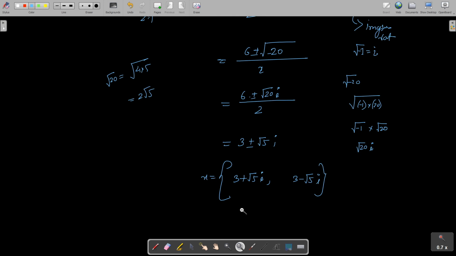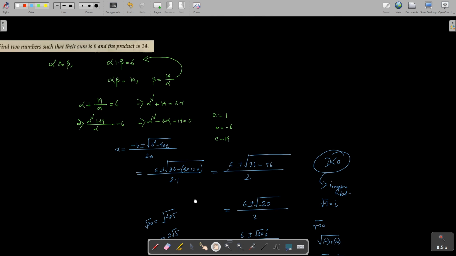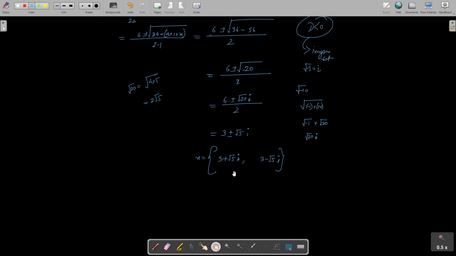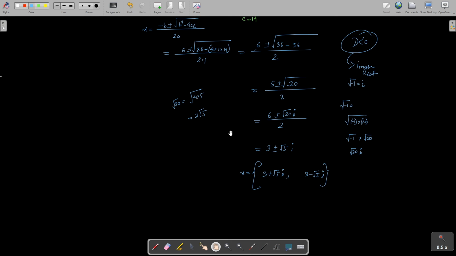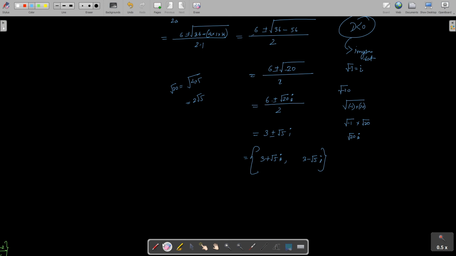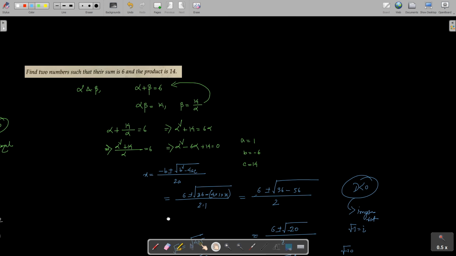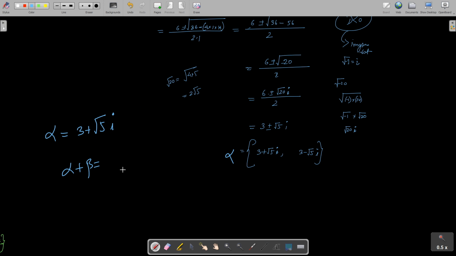Now I think maybe this is the first time you're seeing an imaginary number. Now let's see if this gives us the correct answer. Now we got one value of x, right? Okay, my bad. It should have been alpha. Now let's take alpha as 3 plus root 5 i. What was the equation? Alpha plus beta equals how much? 6, right?